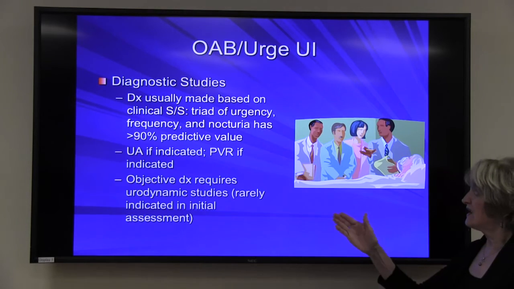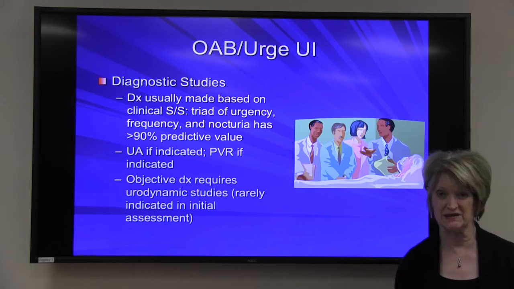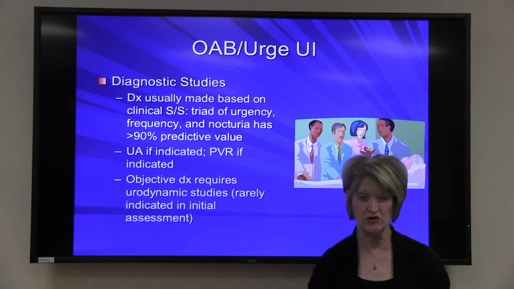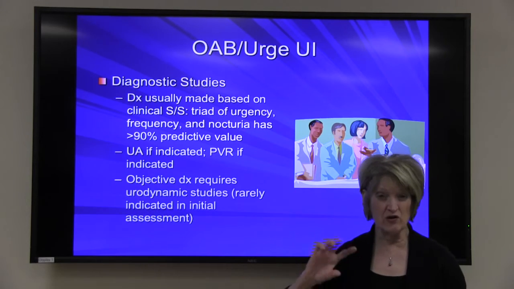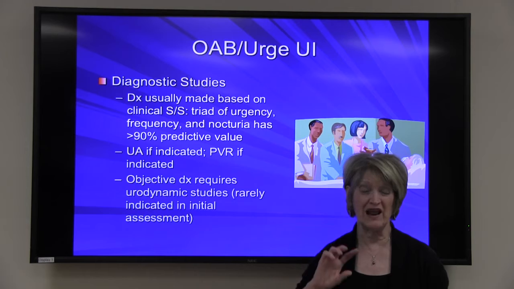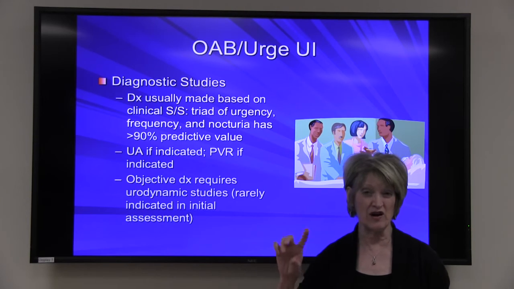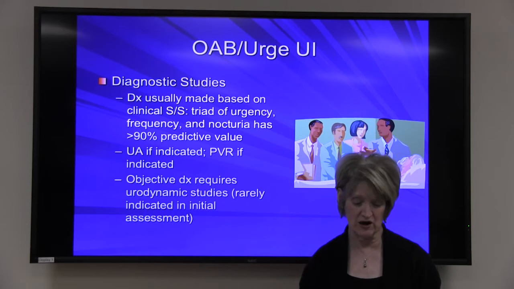But objective diagnosis of overactive bladder itself requires urodynamic studies, requires you to put that pressure-sensitive catheter in the bladder, hook it to a computer screen, to gradually fill the bladder, to determine how much the bladder can hold, at what point the person senses intense urgency, and to see whether or not there are any uncontrolled, inappropriate bladder contractions.